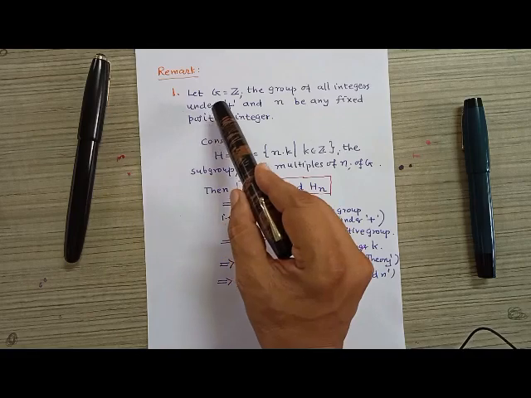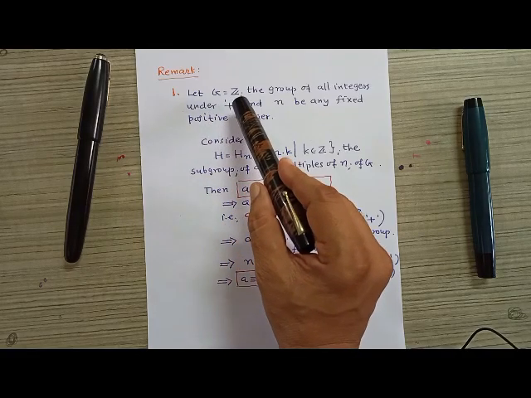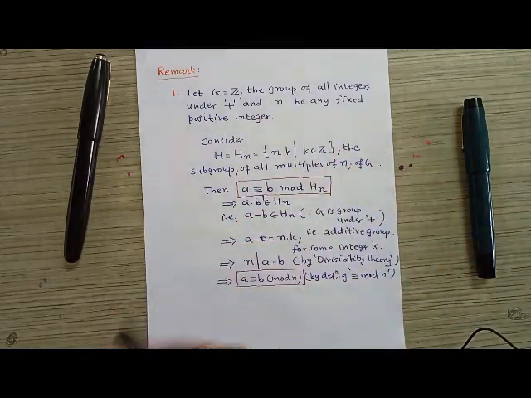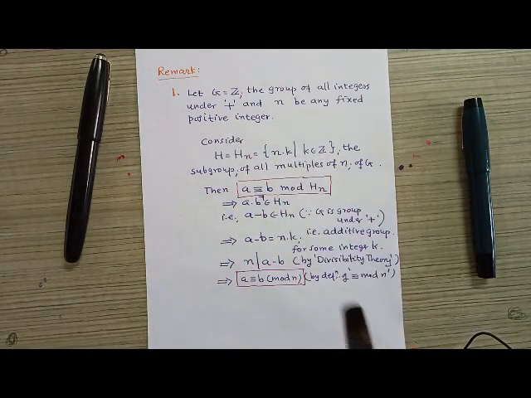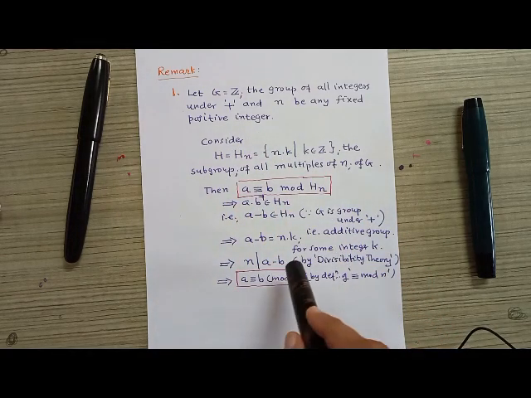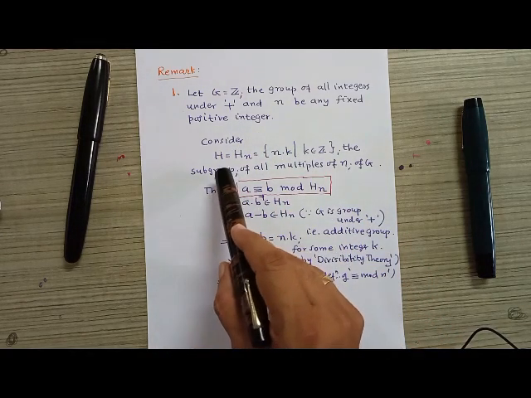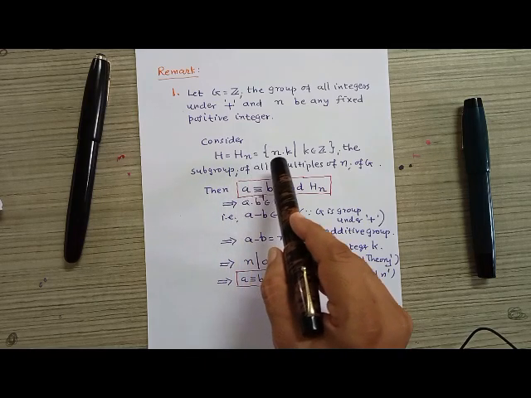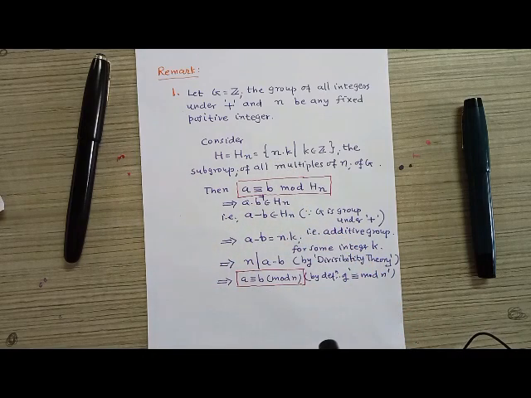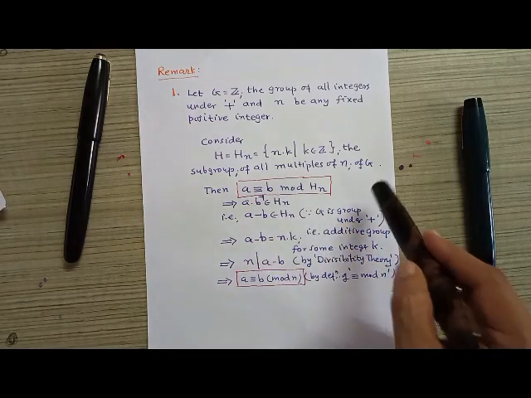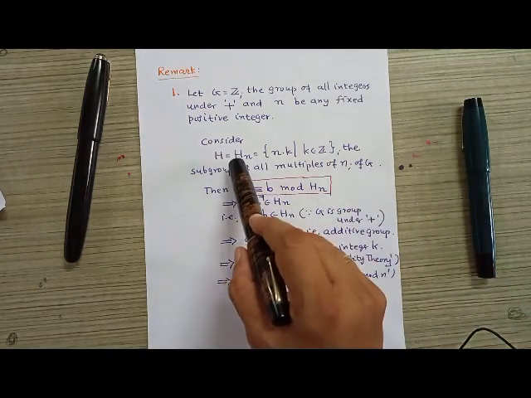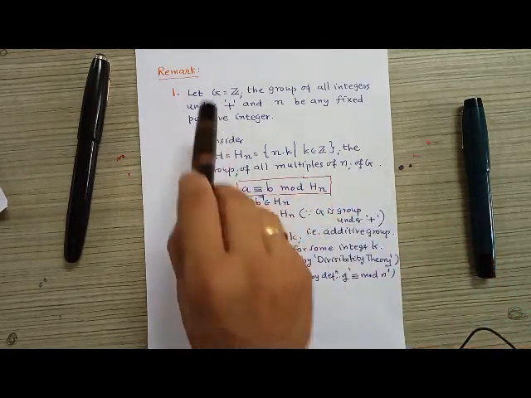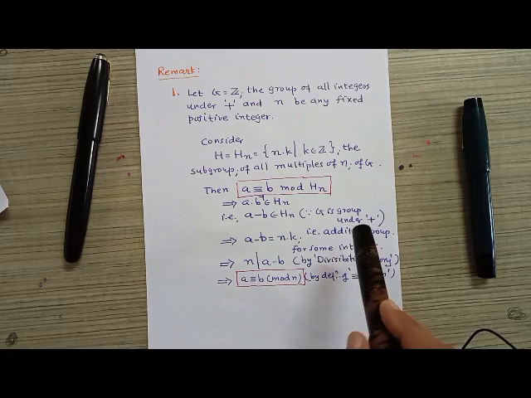So consider G equal to Z, the group of all integers under addition, and n any fixed positive integer. Consider Hn equal to the set of all multiples of n in G. This Hn is a subgroup of the group G of all integers.